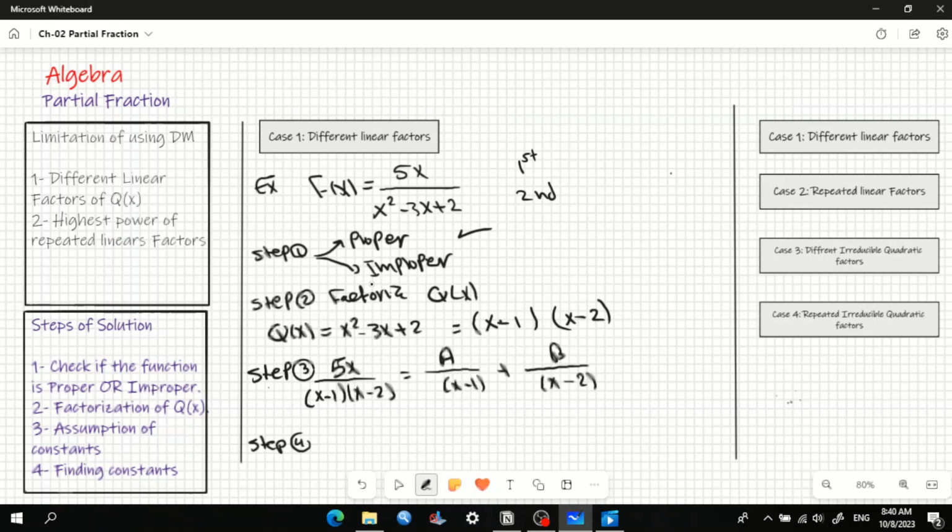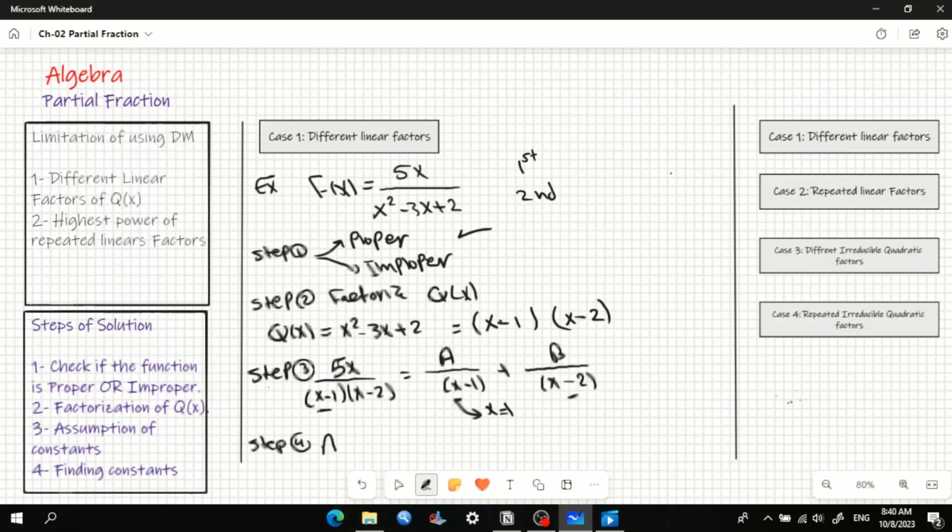Let's check the limitation of using the direct method. We have here different linear factors, so we can use the direct method. If we use the direct method, as we said before, to obtain A just hide x plus 1 from here and substitute by x equal to negative 1, the zero of this fraction.